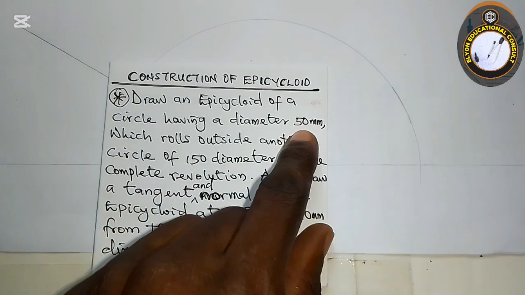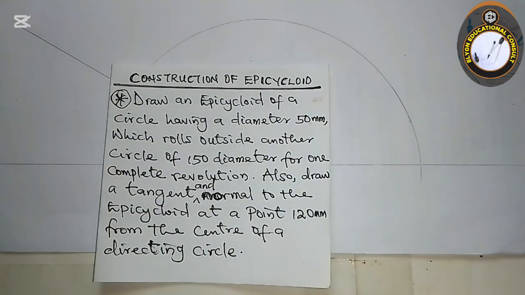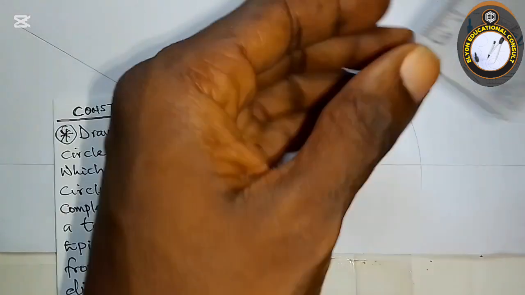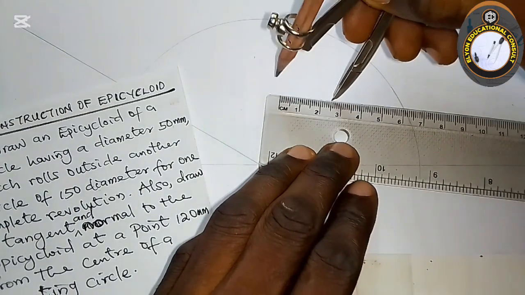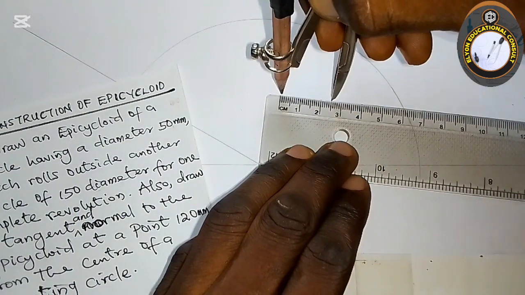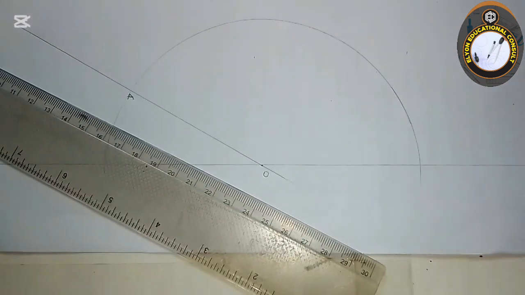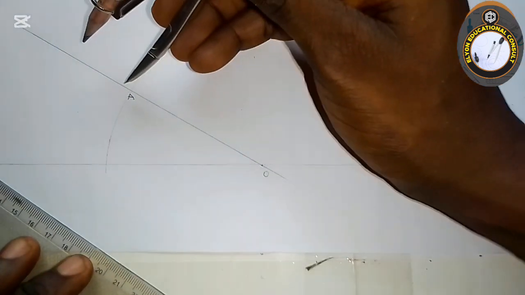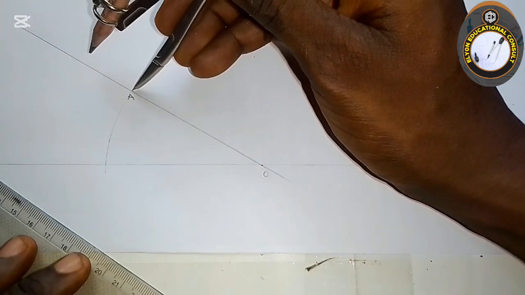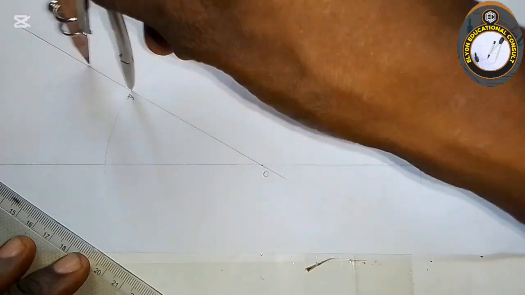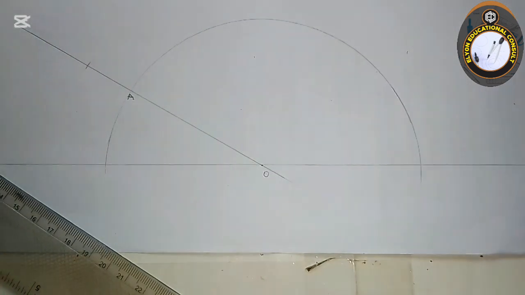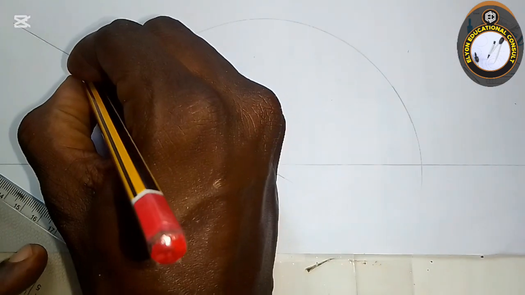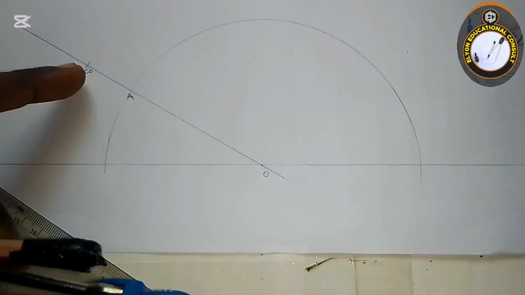The smaller circle is 50, so I will measure 25, that is 2.5 centimeters, from point A. So this will be the center of the smaller circle. I call this CO, the center of the smaller circle.